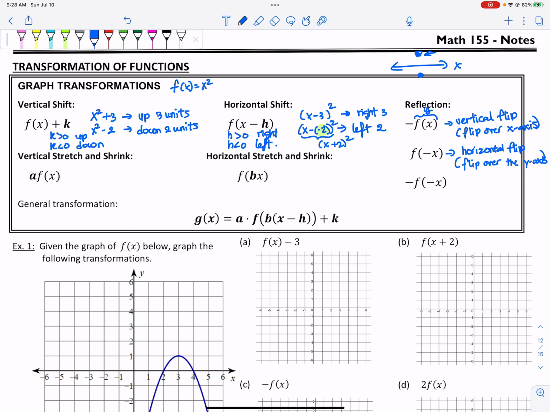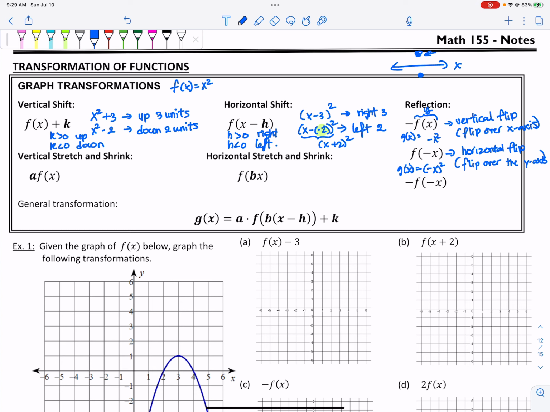So for example, if we have g of x equals f of negative x, then that's going to be a flip over the y-axis. If we have g of x equals a negative and then x squared, it is going to be a flip over the x-axis. Now we have a combination of negative f of negative x.